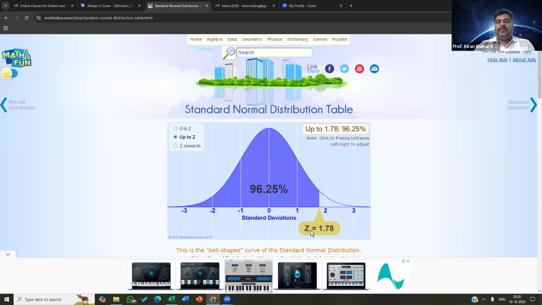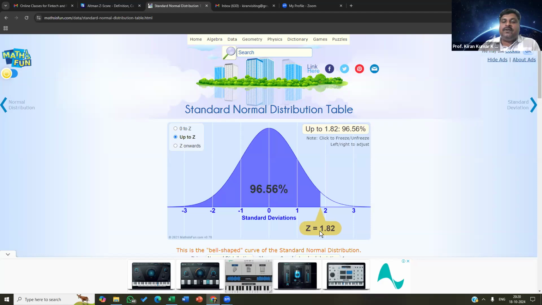If I move up to 1.6, I come somewhere here. What does this mean? This means there is a 94.52% probability that the company's assets will be more than its liabilities. There is a 94.52% probability that the company will not default. That is when the Z score is 1.6.